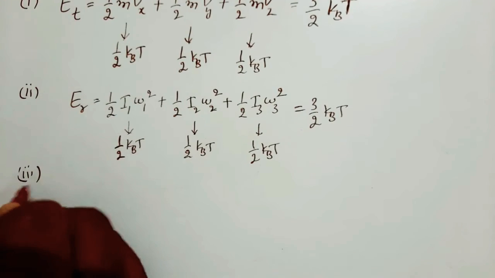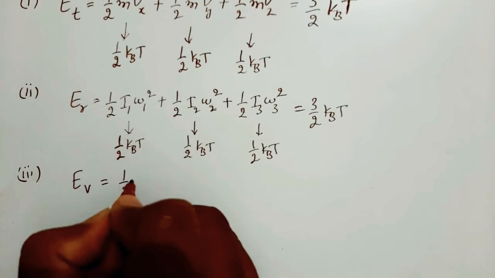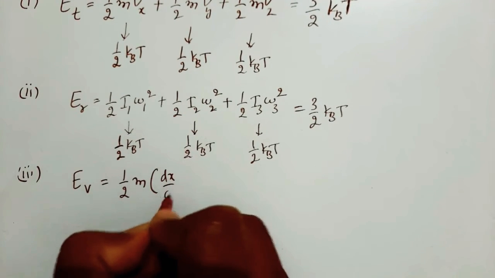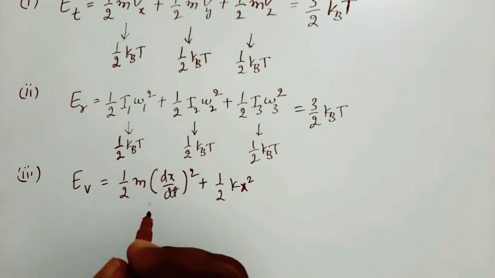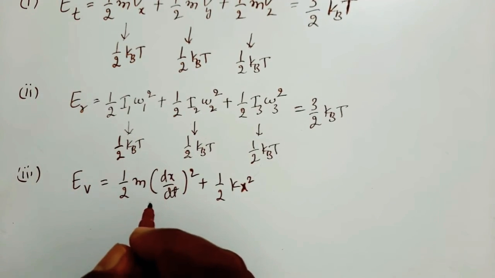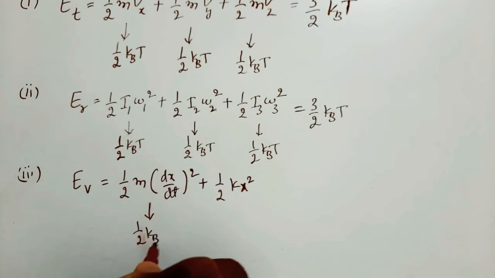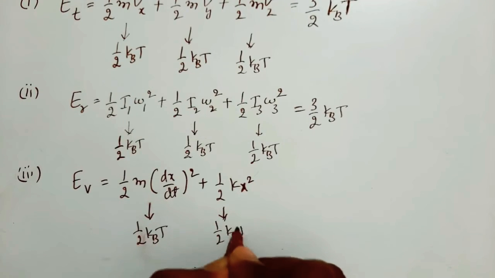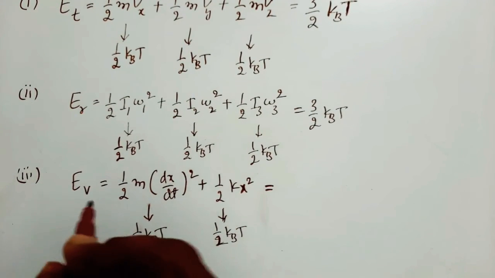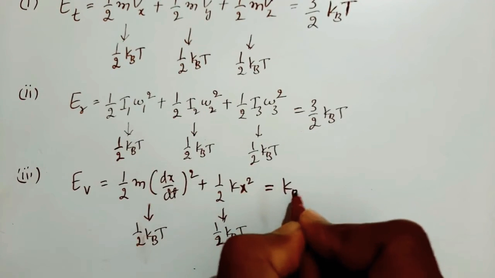Total energy in vibrational motion, that is EV, is 1/2 m (dx/dt) whole square plus 1/2 kx square. According to the law of equipartition of energy, each mode has an average energy equal to half kBT. So this mode is half kBT, and the total energy in vibrational motion is 1/2 kBT plus 1/2 kBT, that is kBT.